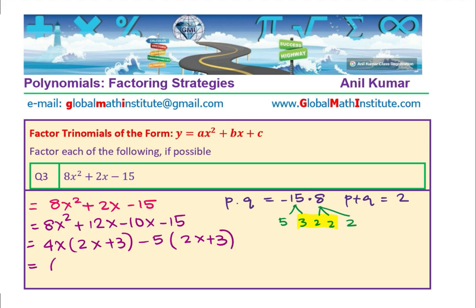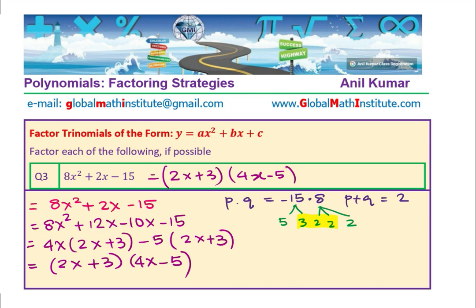Always, the brackets will be common, otherwise you cannot move forward. Makes sense. Okay. So when you take 2x plus 3 common, you're left with 4x minus 5. So we got the factored form. Does make sense to you, right? So we have 2x plus 3 times 4x minus 5. Clear?